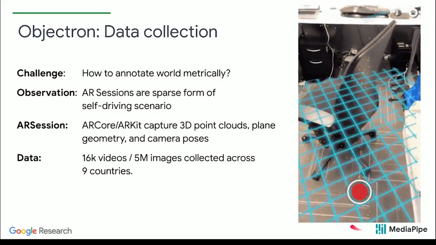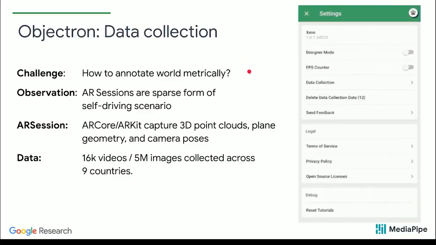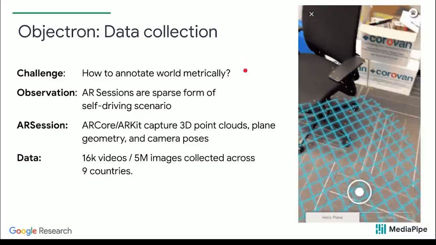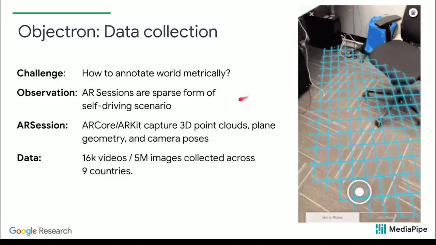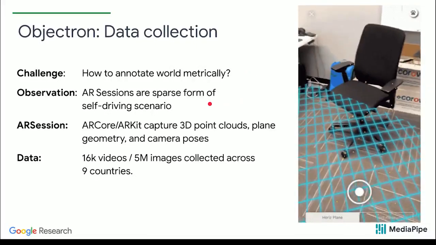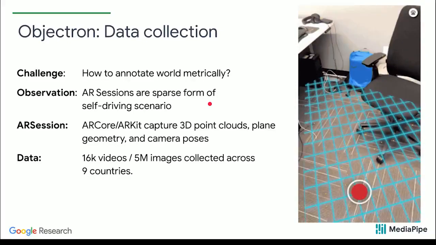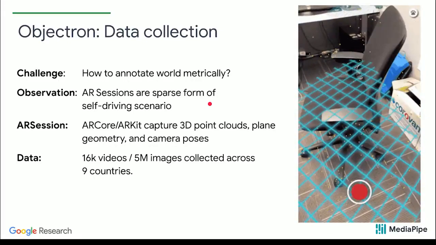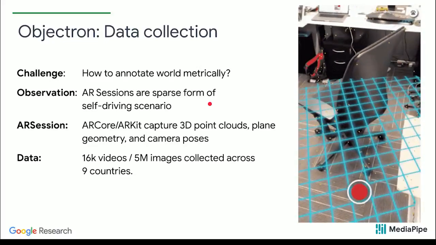Now, the interesting question here was, how do we get the actual ground truth data? And the key observation was that frameworks like ARKit and ARCore are providing you with some form of sparse point clouds, plane geometry, and camera poses.